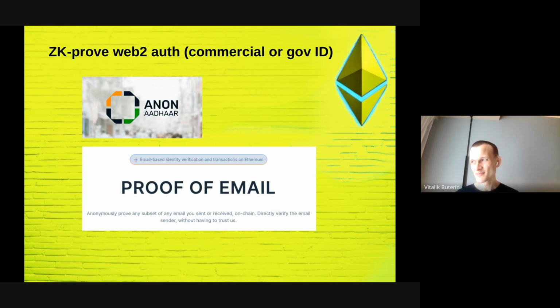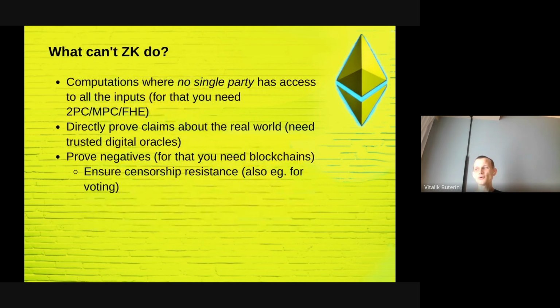And this way, you can benefit from the recovery properties of the more centralized systems, but you're also not giving any single centralized actor the ability to either grab your accounts away from you or even leak your privacy. So this is super powerful. So ZK can do a lot of things.